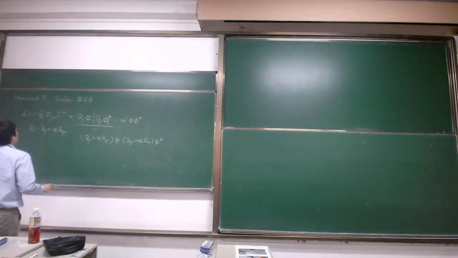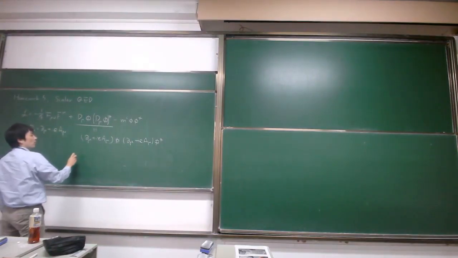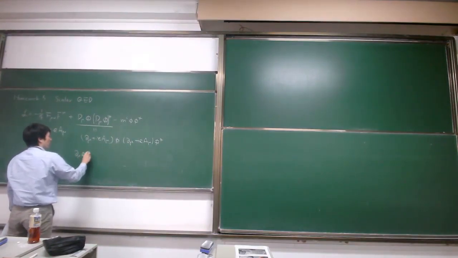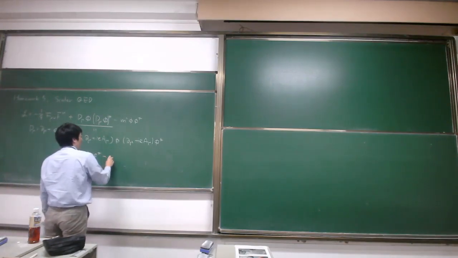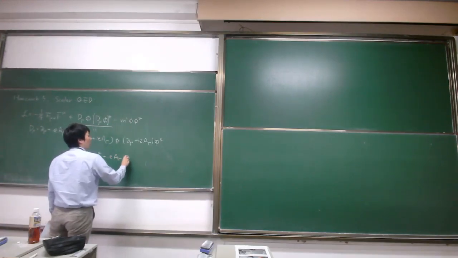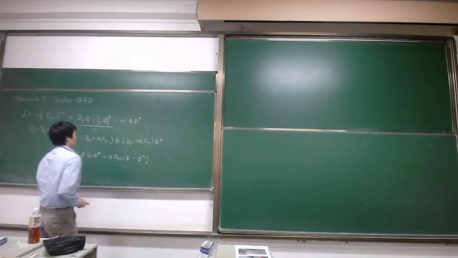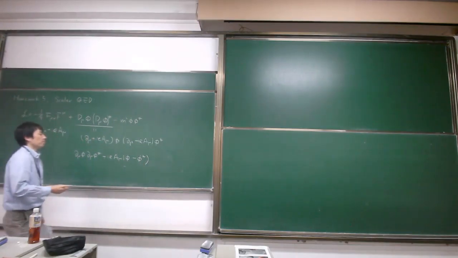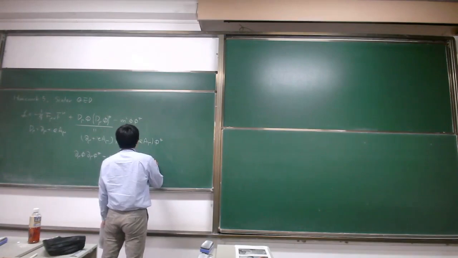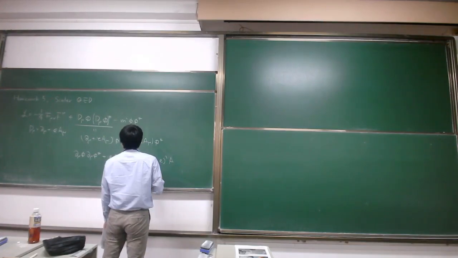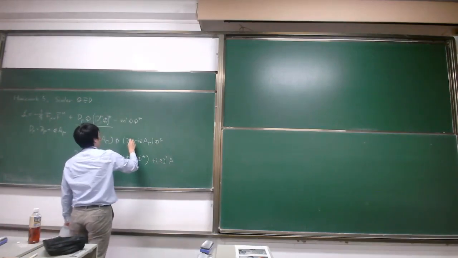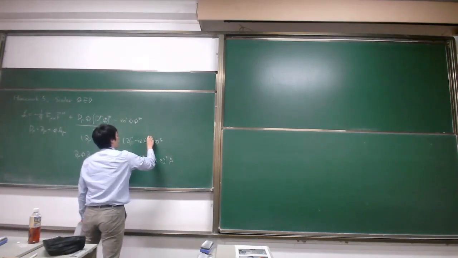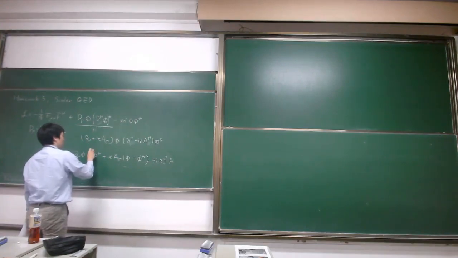So therefore this part can be decomposed like partial_mu phi, partial^mu phi star, and then plus i e A_mu times phi minus phi star. Okay, and then what we have is plus i e squared and A^mu. Oh my goodness, sorry. I think I should put the mu upwards. Mu up, sorry.